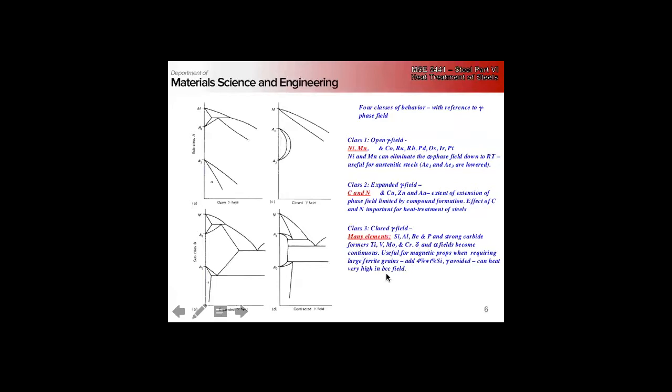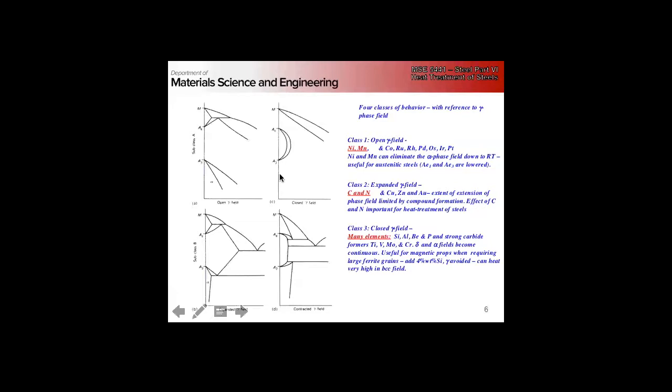Basically, strong carbide formers will tend to do this, and the delta phase, remember the high temperature ferrite and the low temperature ferrite become a continuous field, so we lose the peritectic reaction on the phase diagram, right?